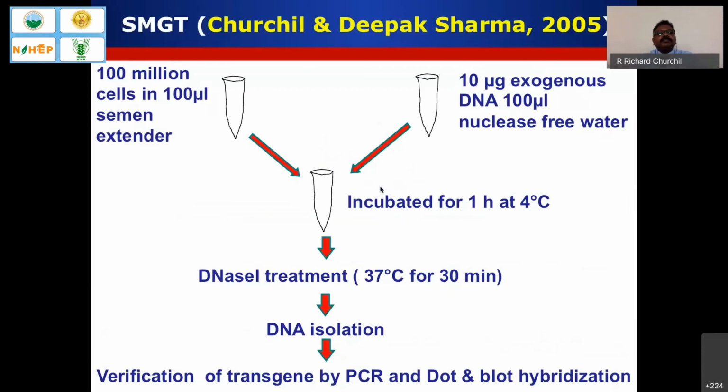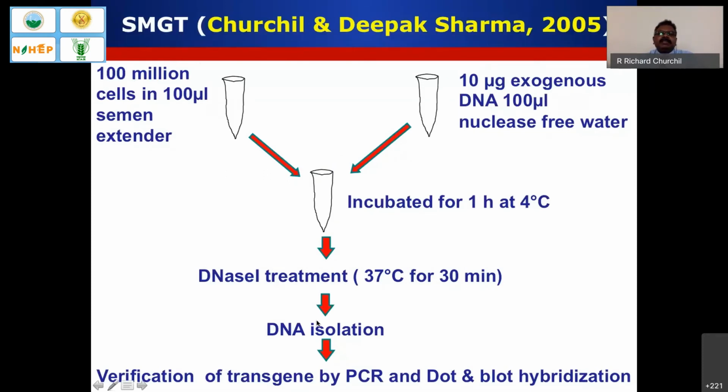So we did some work on this in 2005 at IVRI. My guide, late Dr. Deepak Sharma, under his guidance, I did some work on SMGT, sperm-mediated gene transfer. Here we took 100 million processed or washed sperm cells, and we used 10 microgram of exogenous DNA, and it was treated for 1 hour.